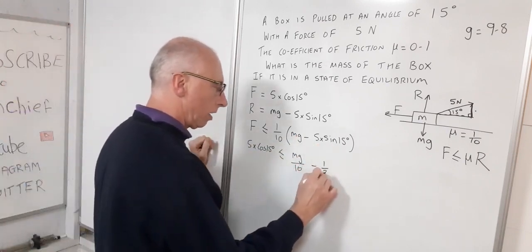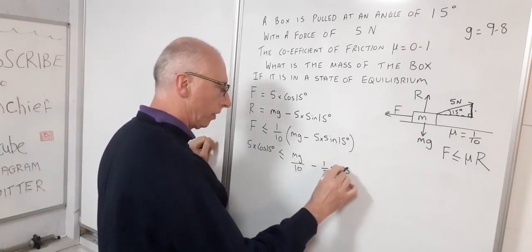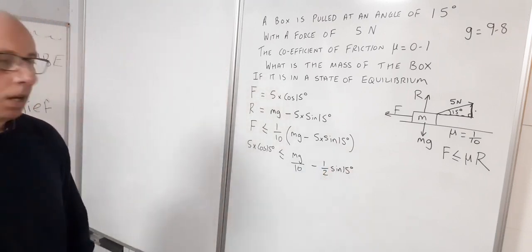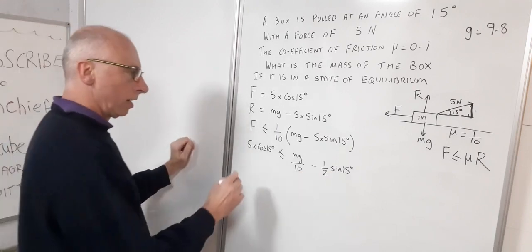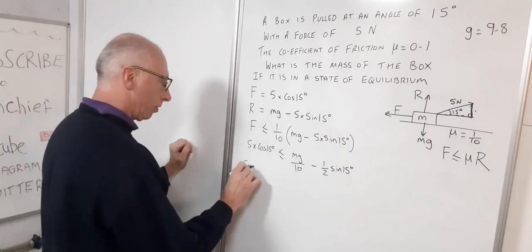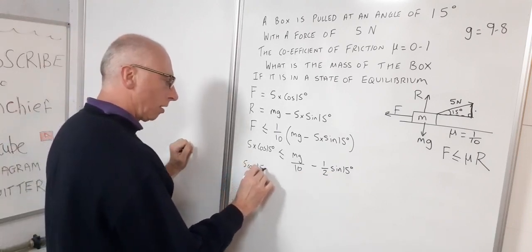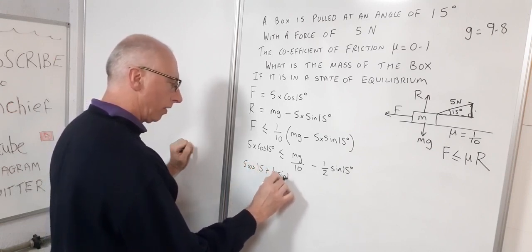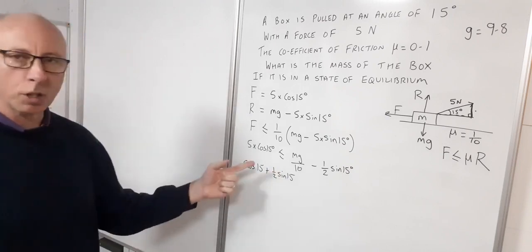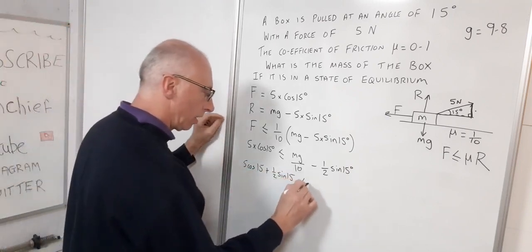So minus a half of sine 15 degrees. Okay, let's bring this one over to this side. So I'll now have 5 cosine of 15 plus 1/2 of sine 15, and that's going to be less than or equal to mg over 10.